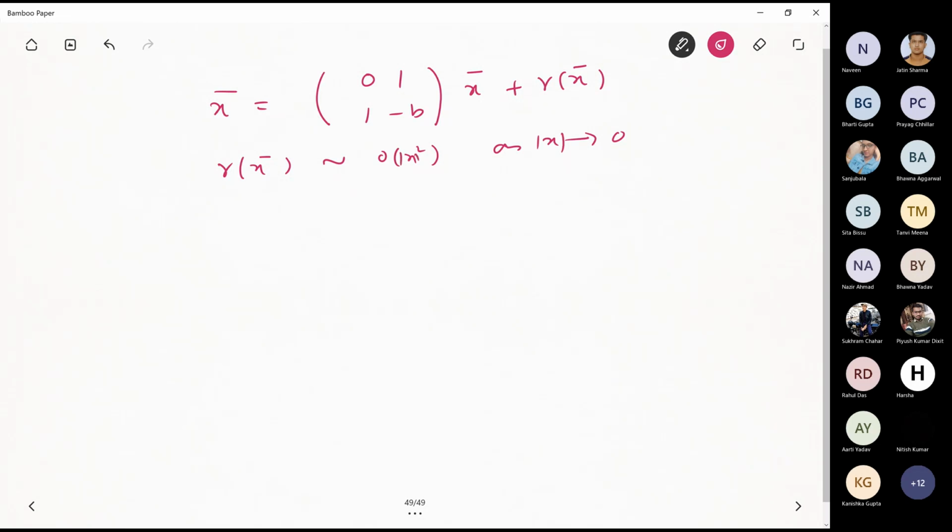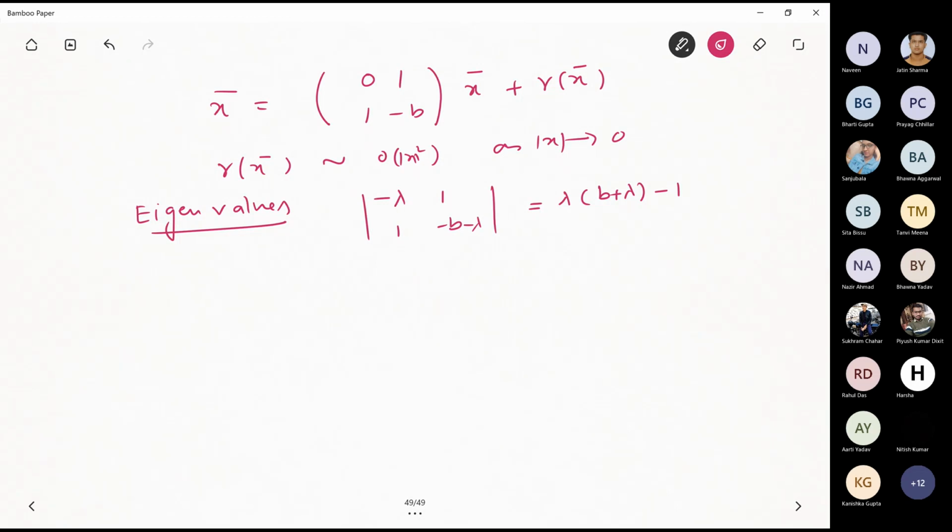So then we have to look at the eigenvalues of this 2 by 2 matrix. So you can write the determinant of [minus lambda, 1; 1, minus b minus lambda]. So this equals lambda times (b plus lambda) minus 1.